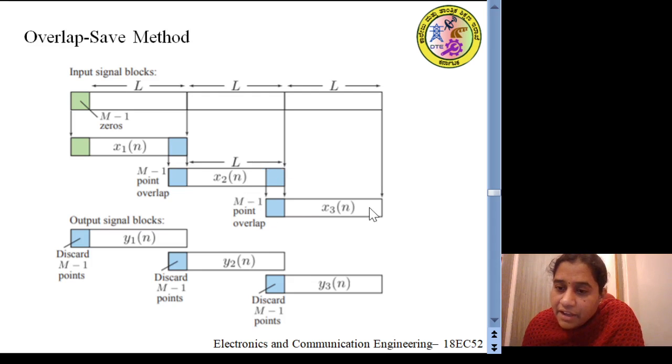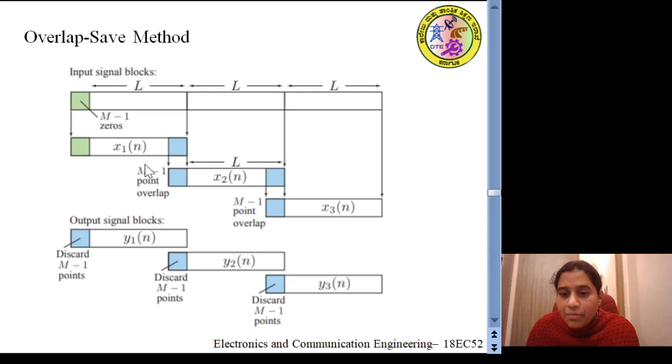Similarly, for x3 of n, the last m minus 1 samples of the previous block are taken as the first m minus 1 samples, to which we take L samples from x of n. This is how we are dividing into blocks. And to each block we convolve with h of n, the impulse response, to obtain the linear filtering.